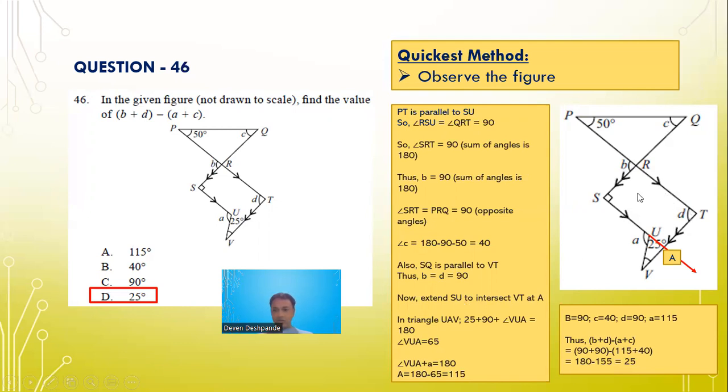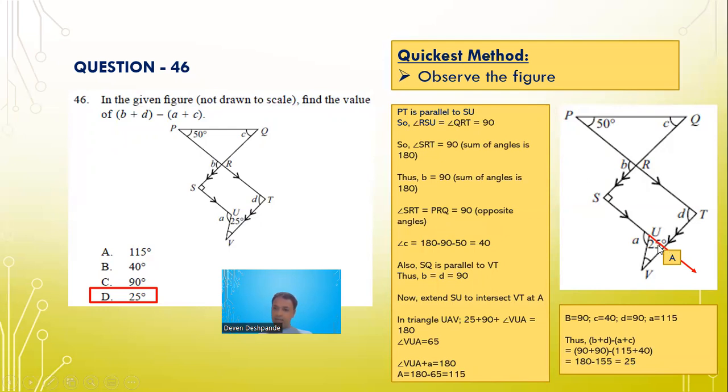Now extend SU to cut VT at A. In this triangle UVA, what is this angle? This angle is 90, because D is 90, then this angle will also be 90, because these two are parallel lines and this is the transversal. If D is 90, this angle will also be 90.